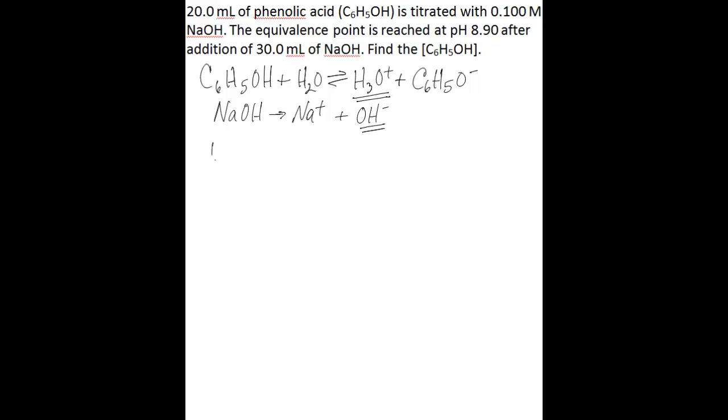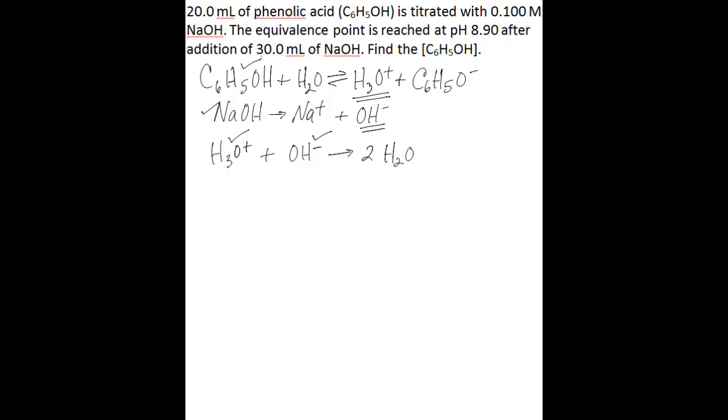So what you'll have is one hydronium ion plus a hydroxide ion giving you two water molecules. And what you can see from this equation is that for every mole of hydroxide or sodium hydroxide that's added, 1 mole of hydronium ion or 1 mole of phenolic acid will disappear.